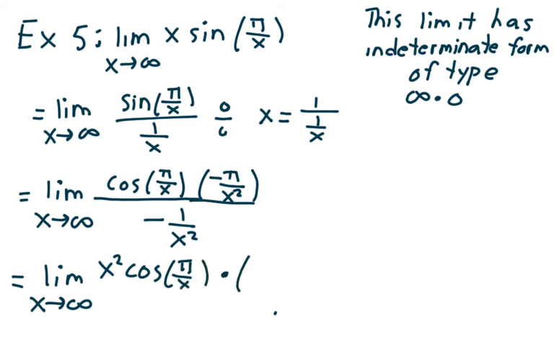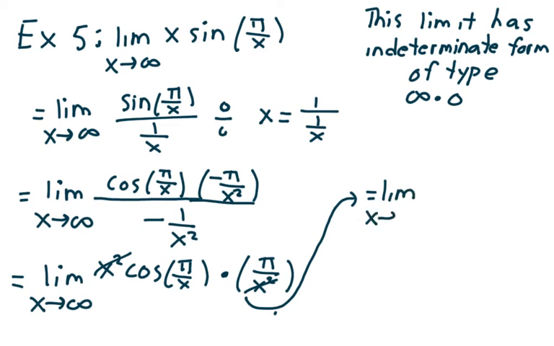But the x squareds cancel, okay? And so this is the limit as x goes to infinity of pi cosine of pi over x.